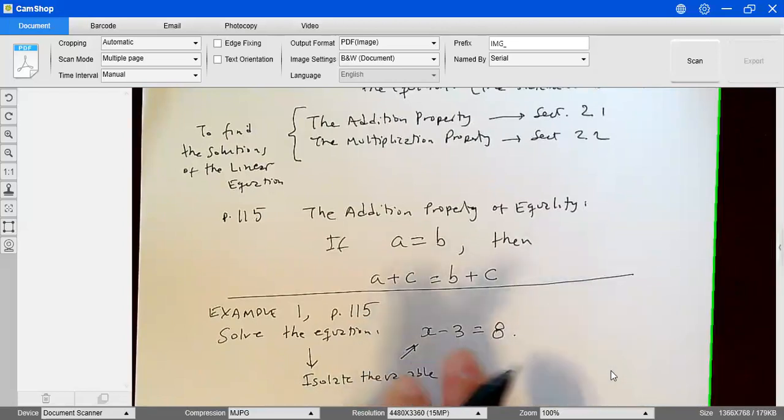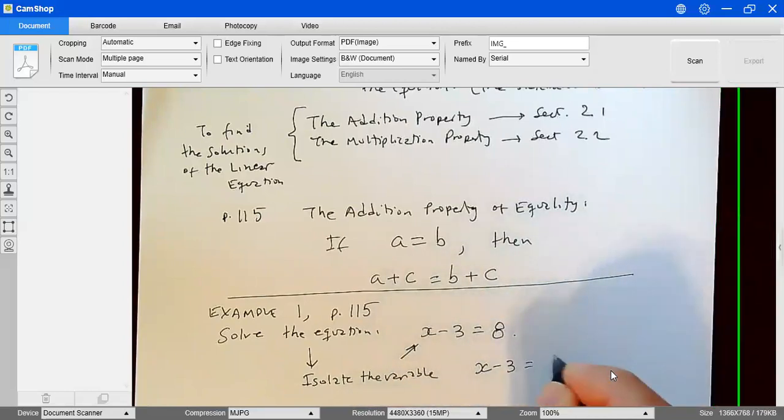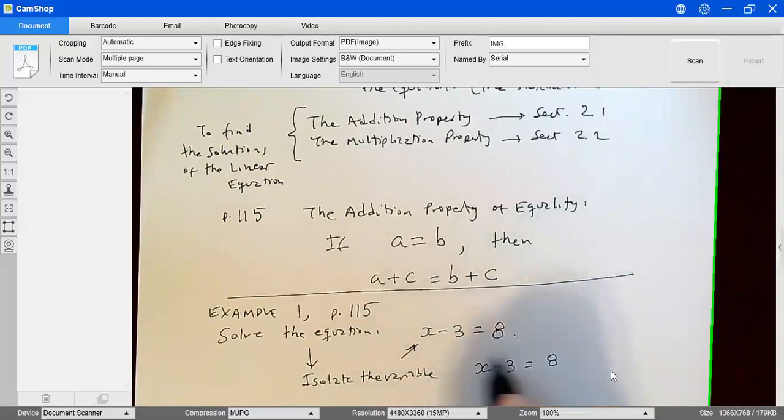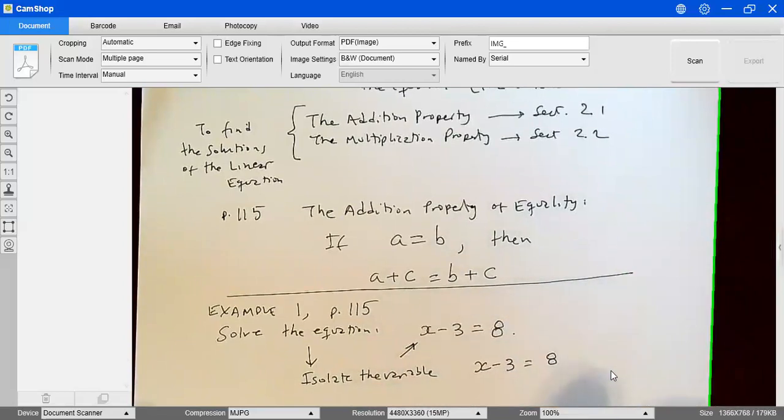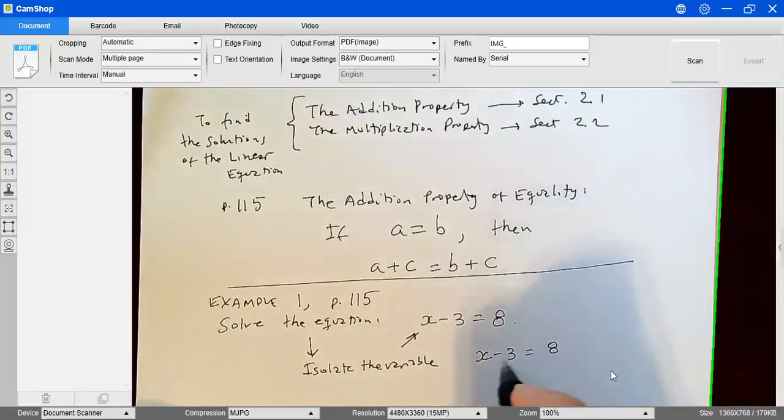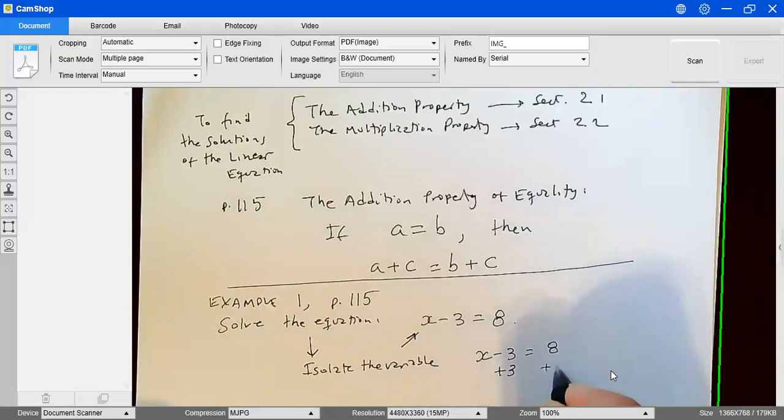So we have x minus 3 equals 8. We need to add something to the left-hand side to remove this negative 3. What we need to add is just the opposite. So if we have a negative 3, we're going to add positive 3. And if we do this on the left-hand side, we need to do it on the right-hand side.